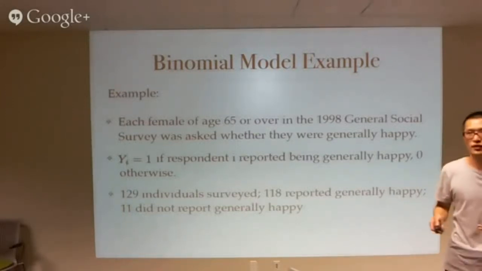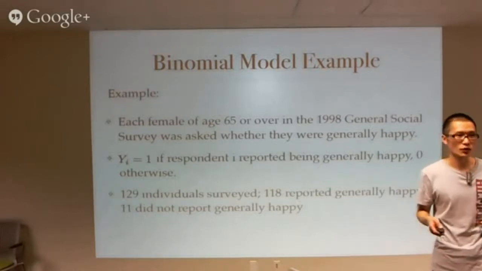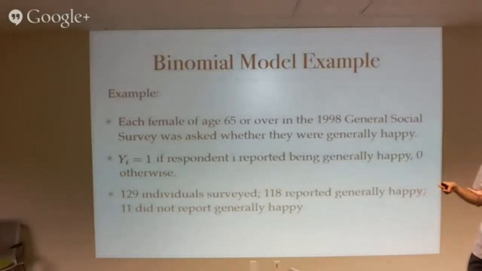Okay? This is the binomial distribution. They only have two possible outcomes, and the data is 129 individuals surveyed and 118 reported generally happy, and 11 did not report generally happy.